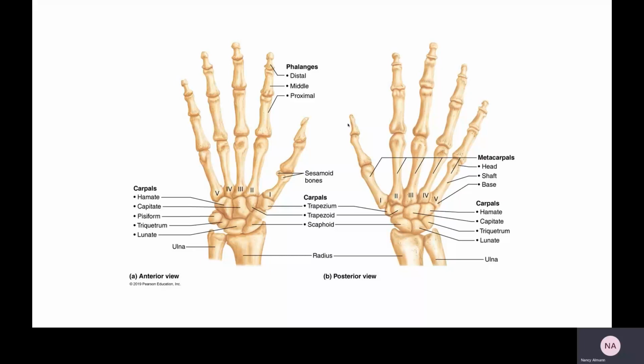With regards to the carpals, the metacarpals, and the phalanges of the hand, we know them as fingers. This is what you need to know. I will not ask you specifically to name the carpals, you need to know them as a group. It is kind of fun, though, to know that the trapezium is going to articulate with the first metacarpal, which helps form the thumb.